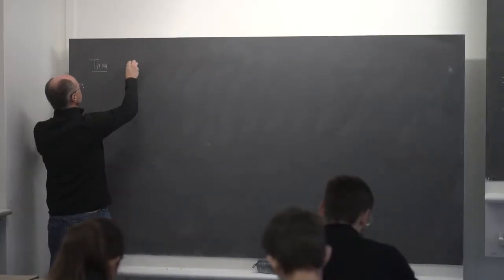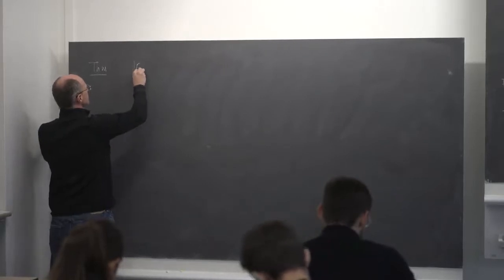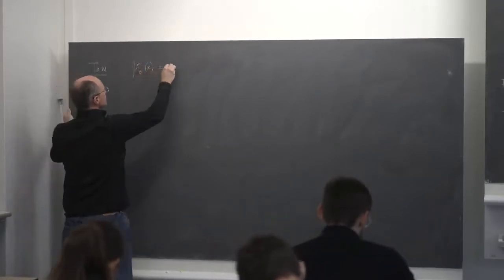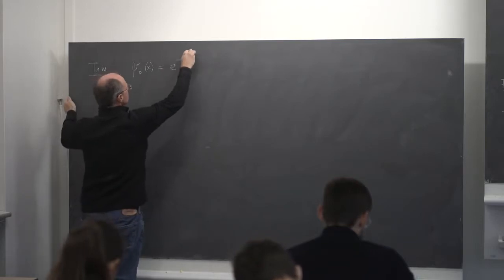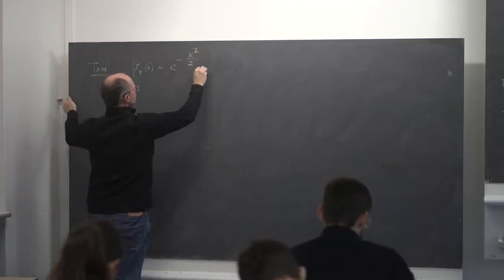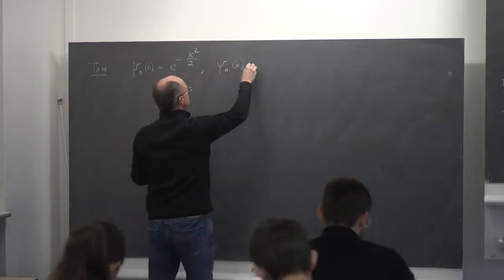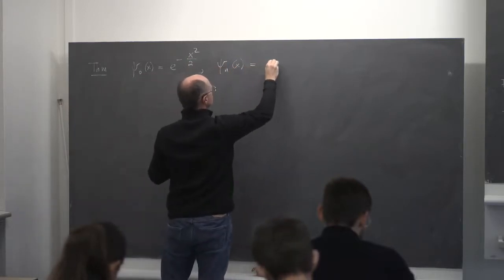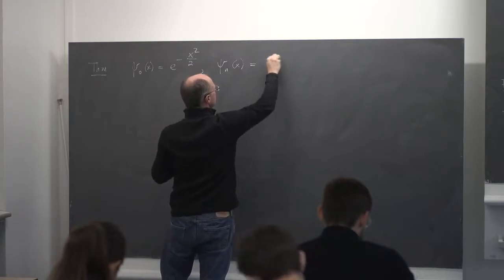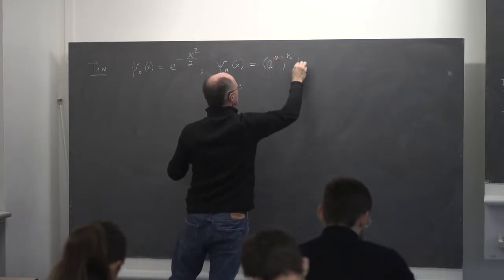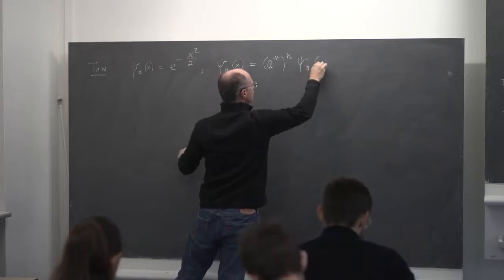So let's introduce the following notation. Psi naught of x is equal to exponential minus x squared over 2, psi n of x is equal to a star to the power n psi naught of x.